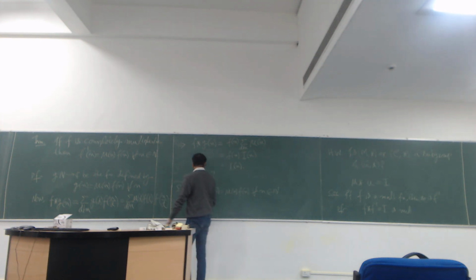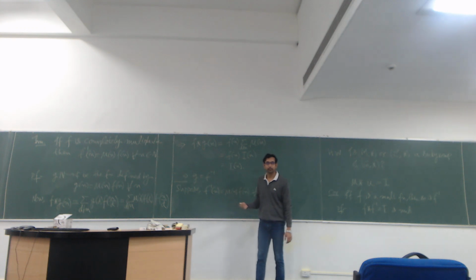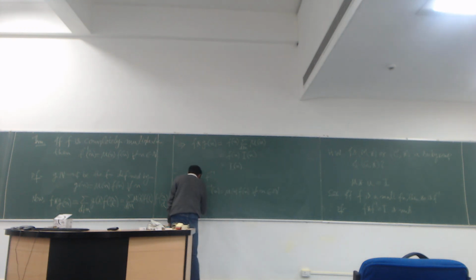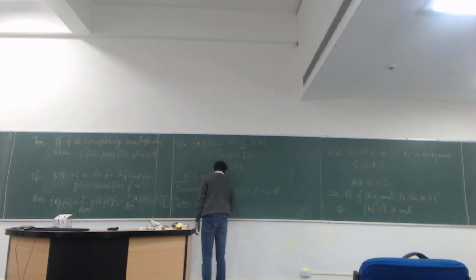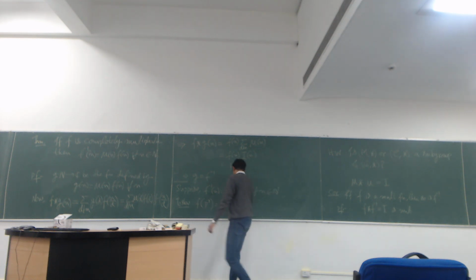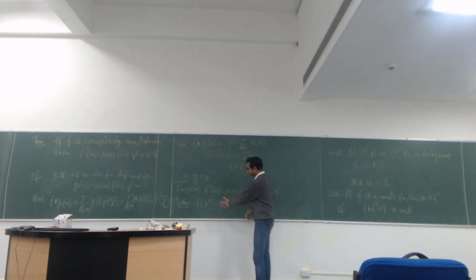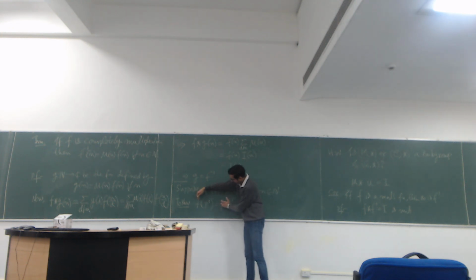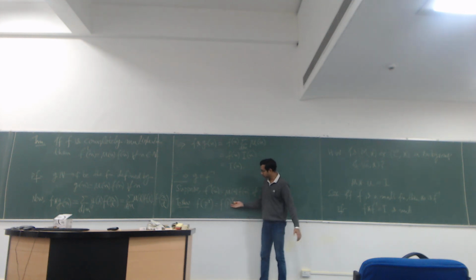So for a completely multiplicative function, in particular, this is to show f of p power r is equal to f of p whole power r. For any multiplicative function, f of n is the product of such things, f of p^r. Only for completely multiplicative ones, you can take the power out.